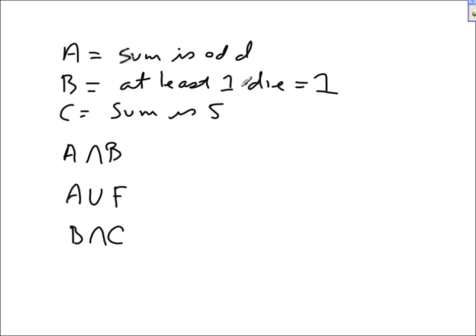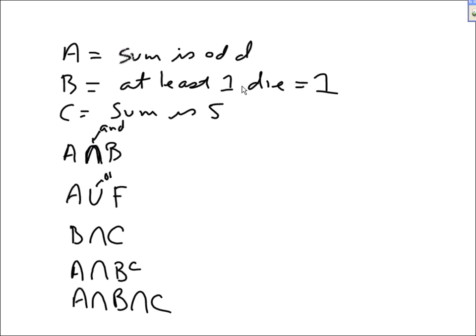How would you describe A intersect not B? And how would you describe A intersect B intersect C? Now, in words, remember, intersection means and. Union means or.